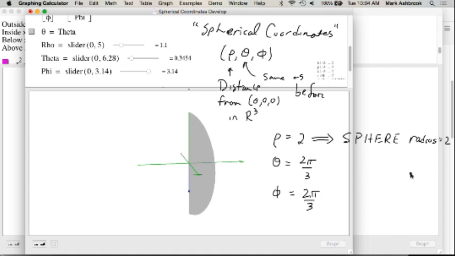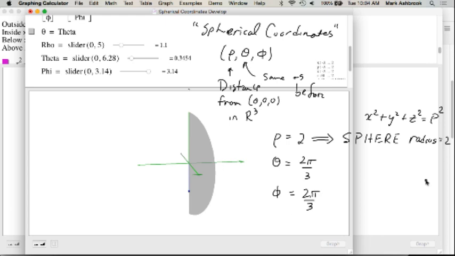Rho ends up being the radius of a sphere centered at the origin. x squared plus y squared plus z squared equals rho squared. Agree?